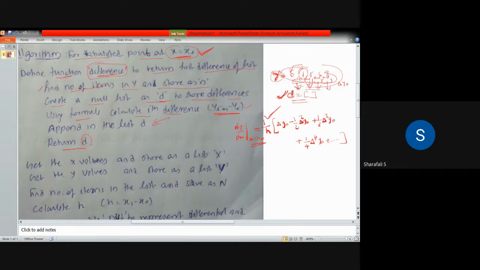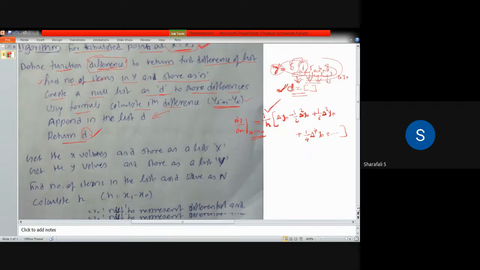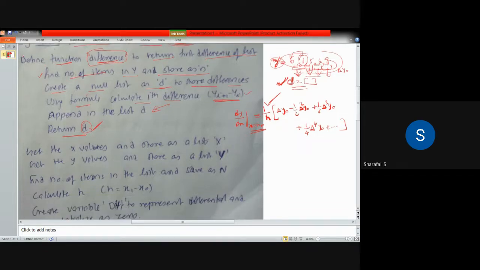So this particular part is just to calculate the difference d. First we have defined the function, and that function is used to calculate the difference, which is stored in the list d and returned.